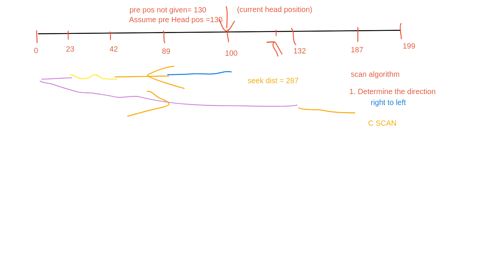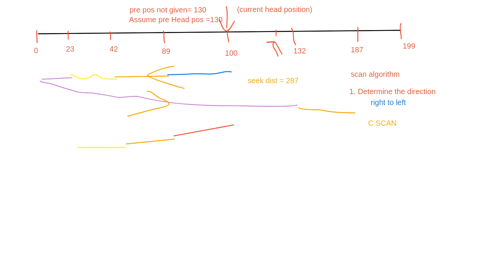Look here, initially it is at 100. Let me select this line. From 100 it is going in the direction, we know, right to left. From 100 it goes to 89, then from 89 it goes to 42, then from 42 it goes to 23.